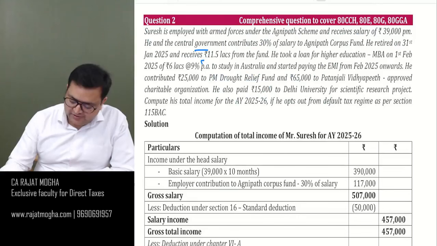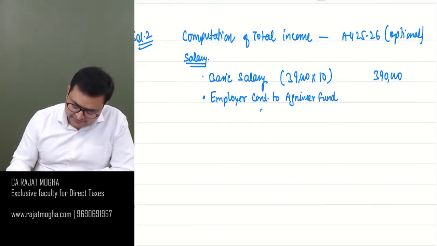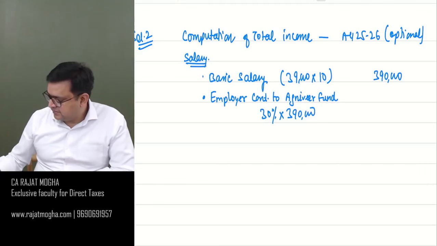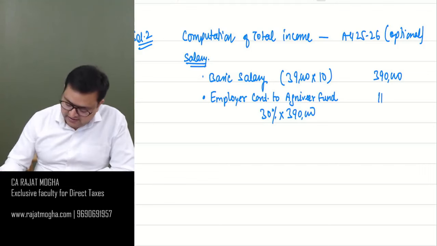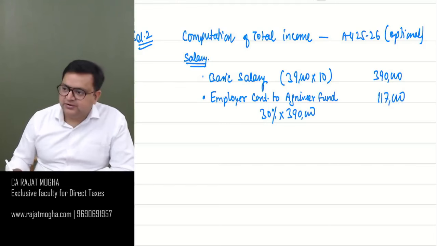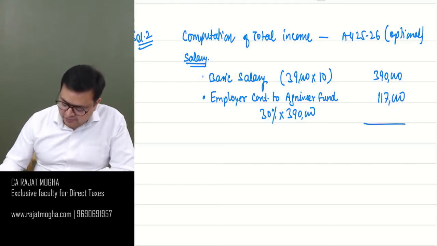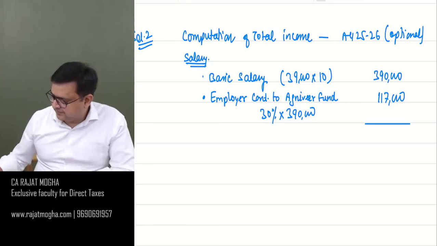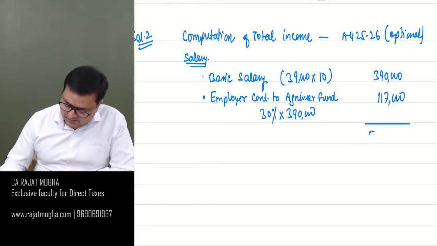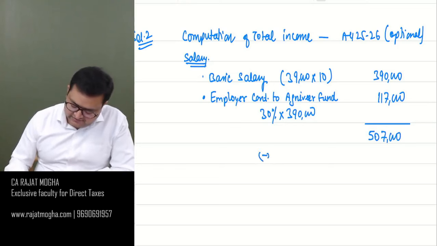And his employer is contributing how much? 30% of the salary. 30% of 3,90,000 is 1,17,000. Total it is 5,07,000, less obviously standard deduction.